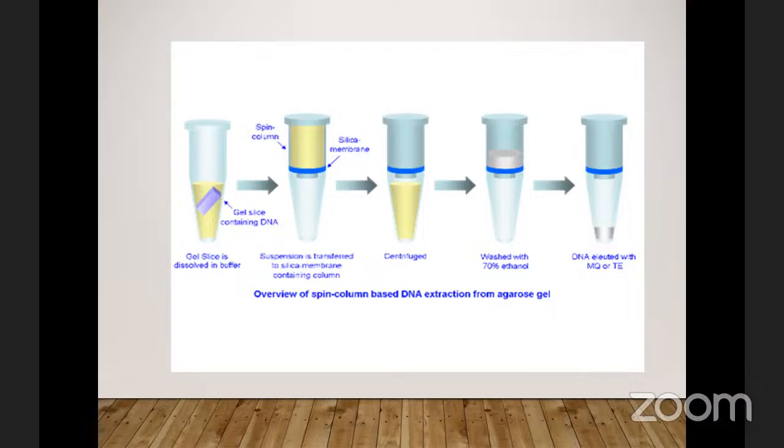When it lyses, we transfer it to a spin column. The spin column has a collection tube under it. You can see the blue part of the spin column. It usually contains a silica gel membrane. When we transfer all of this liquid to the spin column, the silica gel membrane helps form a bond with your nucleic acid material, whether DNA or RNA.